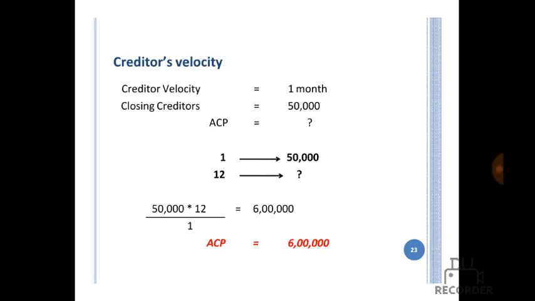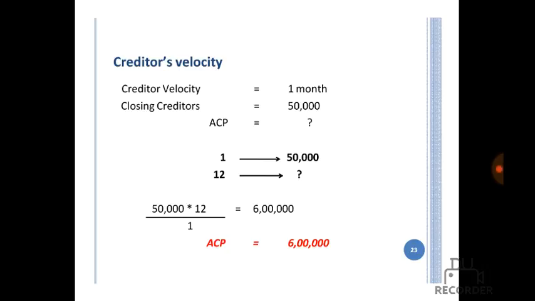Creditors velocity is equal to 1 month. Closing creditors is 50,000. Find the annual credit purchases. In this also we do cross multiplication. 1 month is equal to 50,000, and for 12 months we have to pay 50,000 every month.